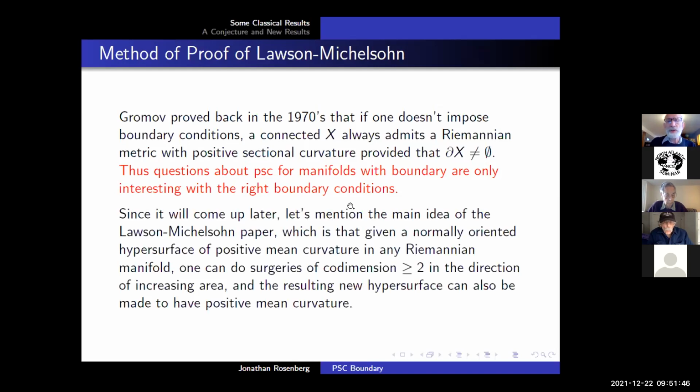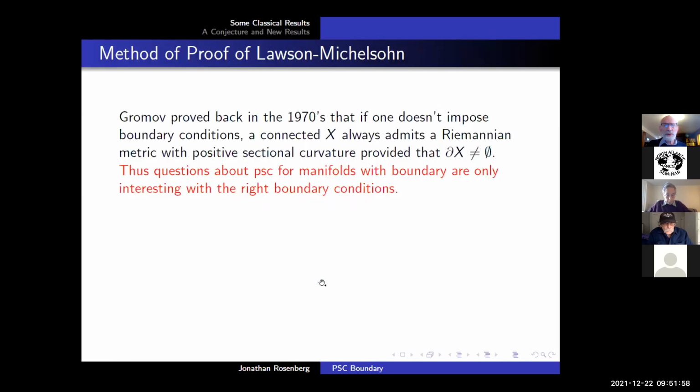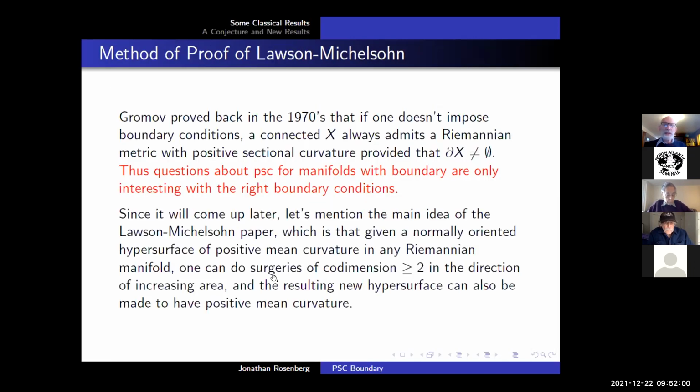Now, let me mention one of the main ideas in the Lawson-Michelsohn paper. Lawson-Michelsohn, remember, said that in this case, you could construct positive mean curvature along the boundary. How did they do that? They started with a hypersurface of positive mean curvature, and then you can do surgeries in codimension 2 in the direction of increasing area and create a new hypersurface of positive mean curvature.